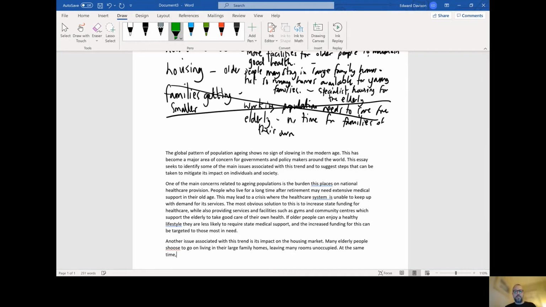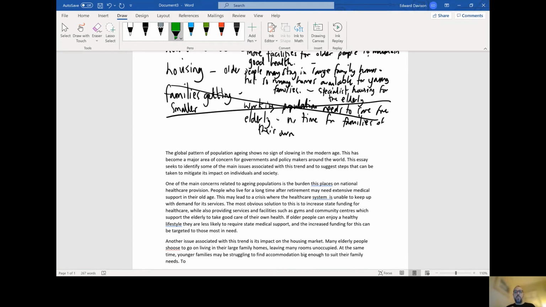At the same time, younger families may be struggling to find accommodation big enough to suit their family needs.